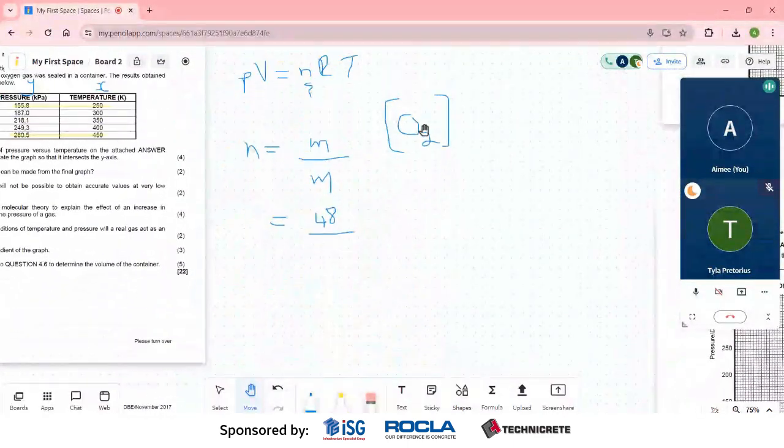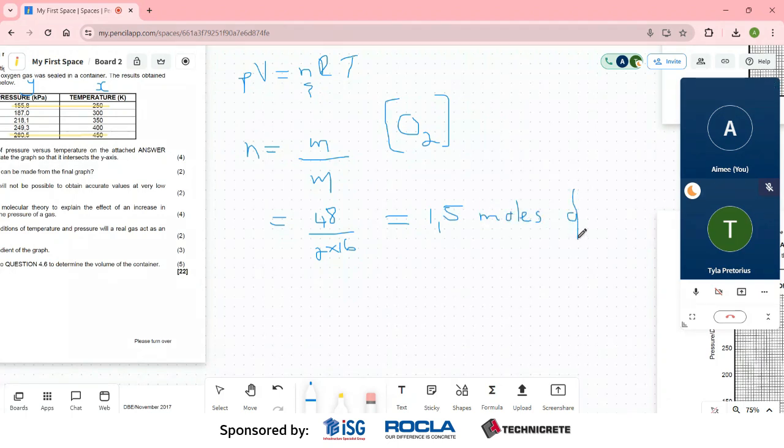And it's 16 times 2 because oxygen can't exist as just O on its own. So it's 2 times 16. So now you say 48 divided by 32 gives us n is equal to 1.5 moles of oxygen gas.